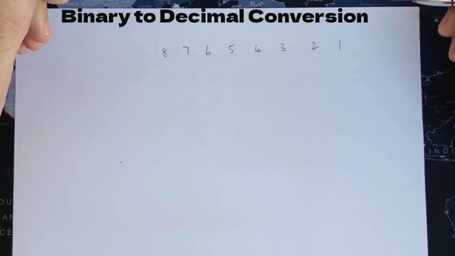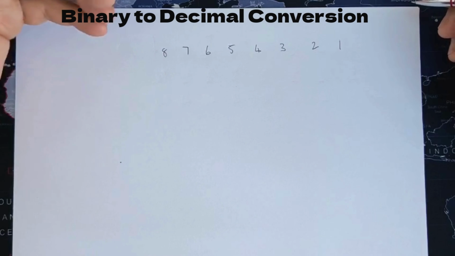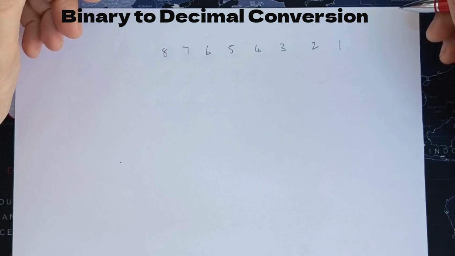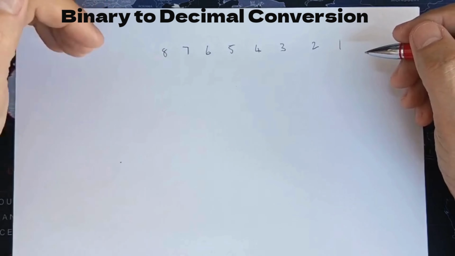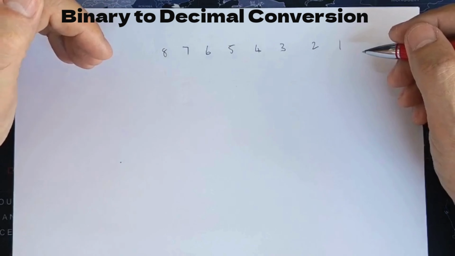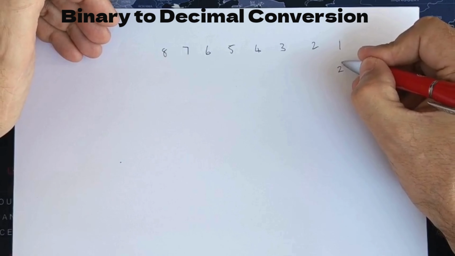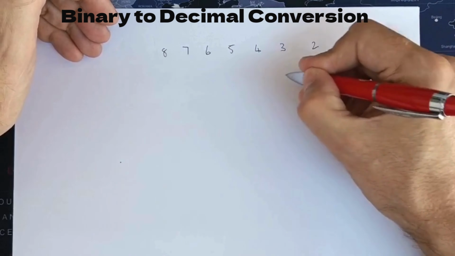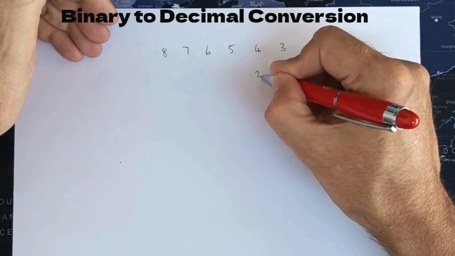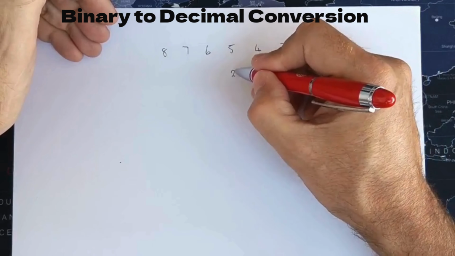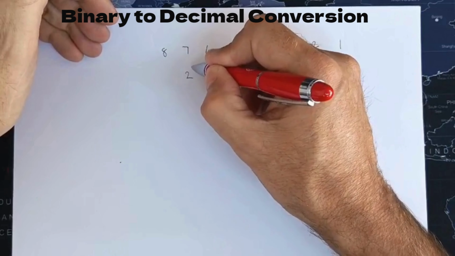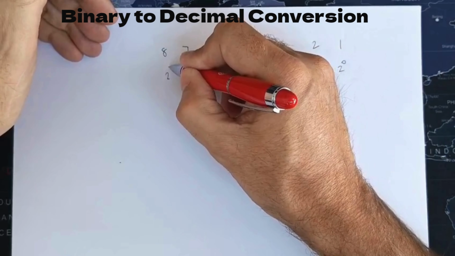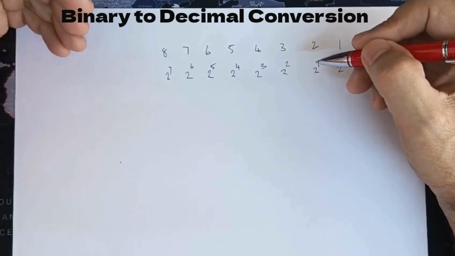We already said that binary is a base 2 numbering system. Starting with an exponent of 0 on the right, we go up by 1 as we move from right to left. So it's 2 to the power 0, 1, 2, 3, 4, 5, 6, and 7.